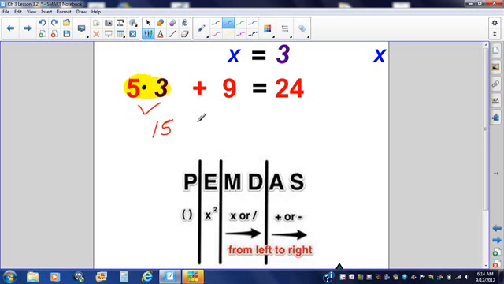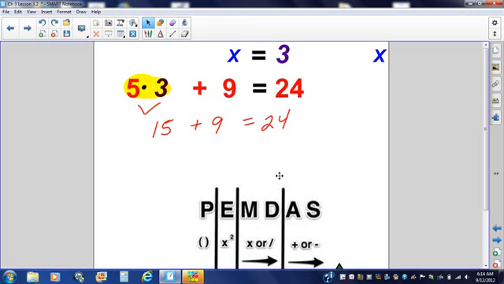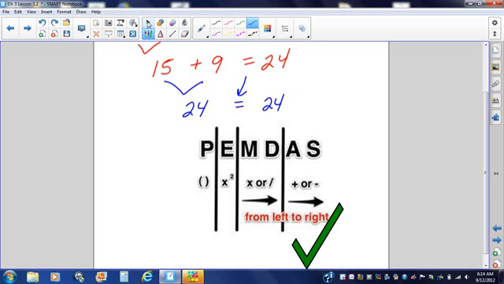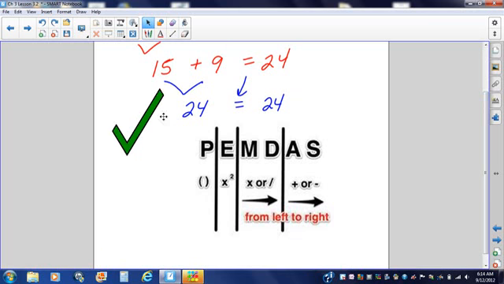I'm going to copy the rest of my problem. Plus 9 equals 24. Now, I just simply finish it. 15 plus 9 does give me 24. 24 does equal 24. So since I get the same number on both sides, I know my answer is correct and it checks.